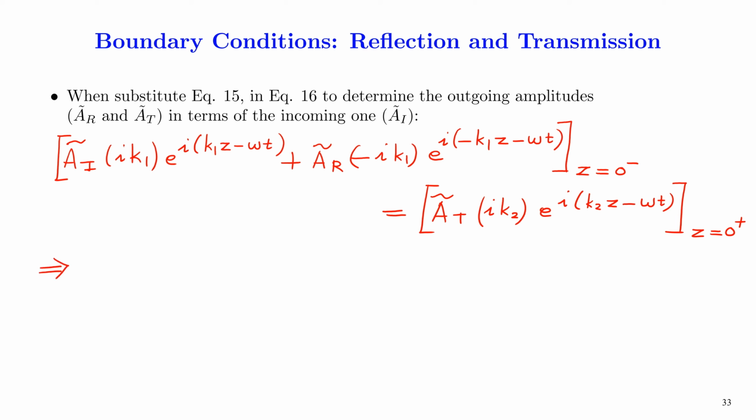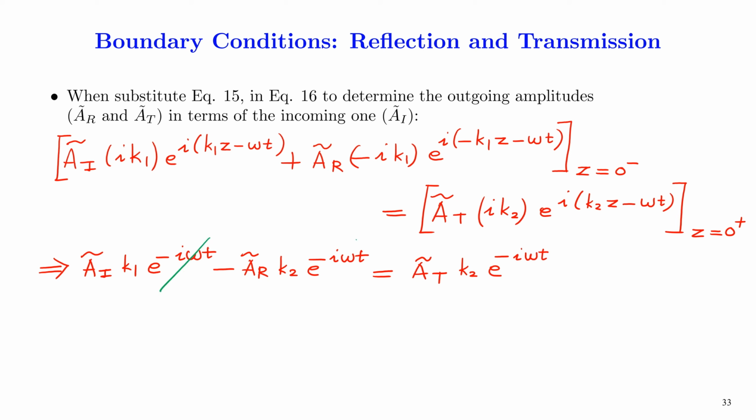From this equation, we have AI K1 e raised to negative i omega t minus AR K2 e raised to minus i omega t, equal to AT K2 e raised to minus i omega t.